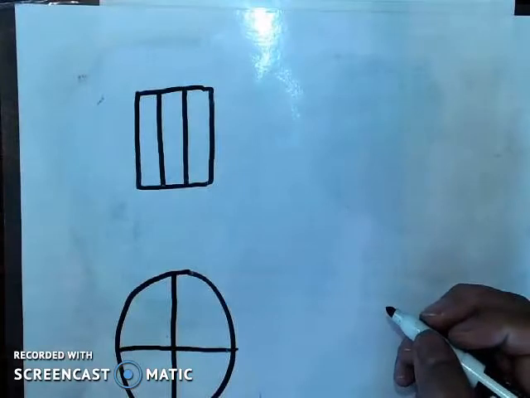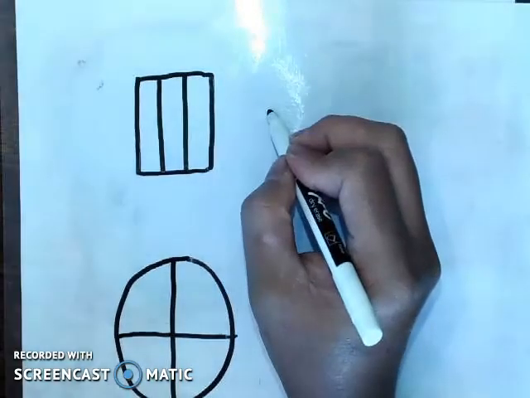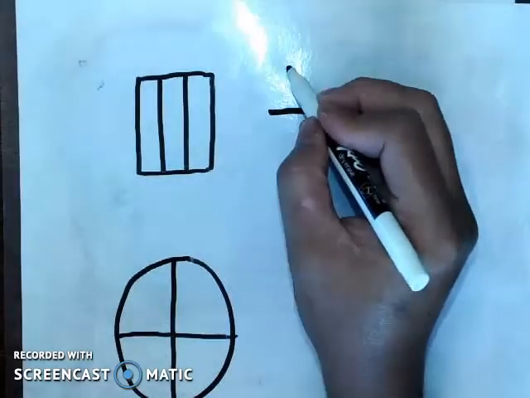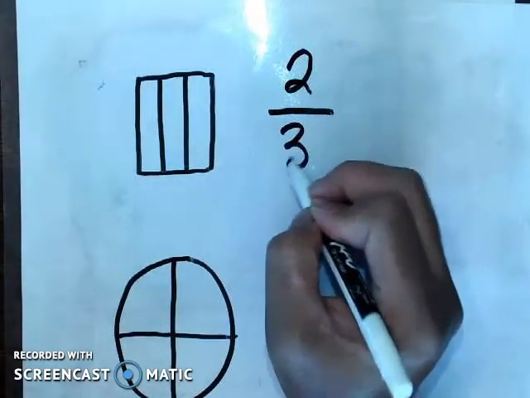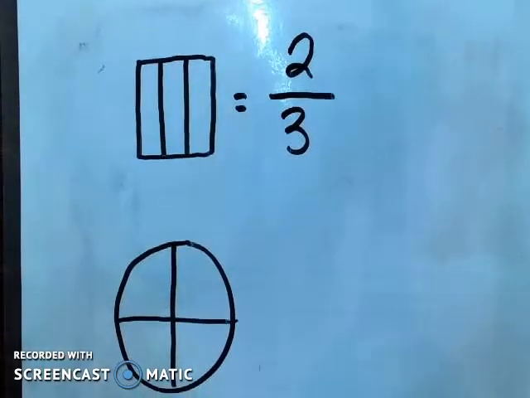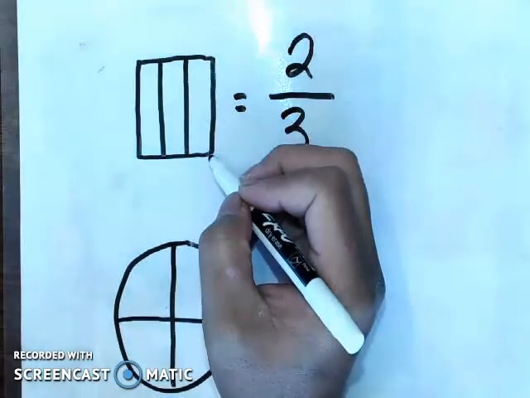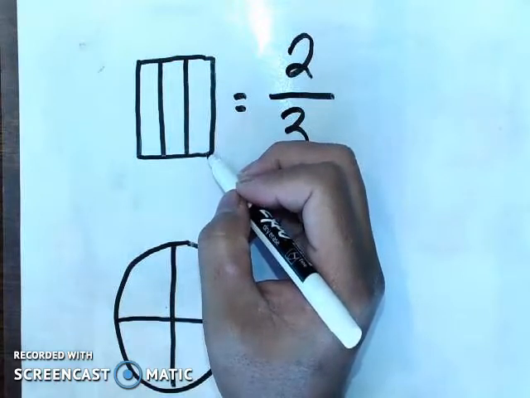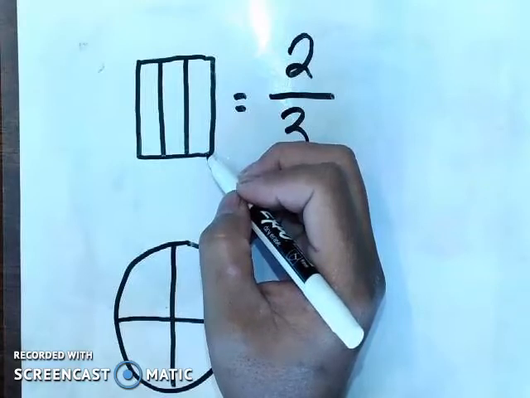Ready? Show me 2/3 of this square that are shaded. So how many parts of the square will I shade?